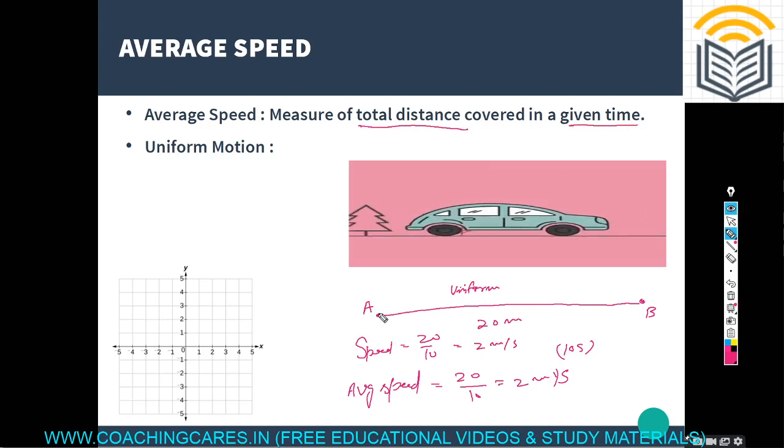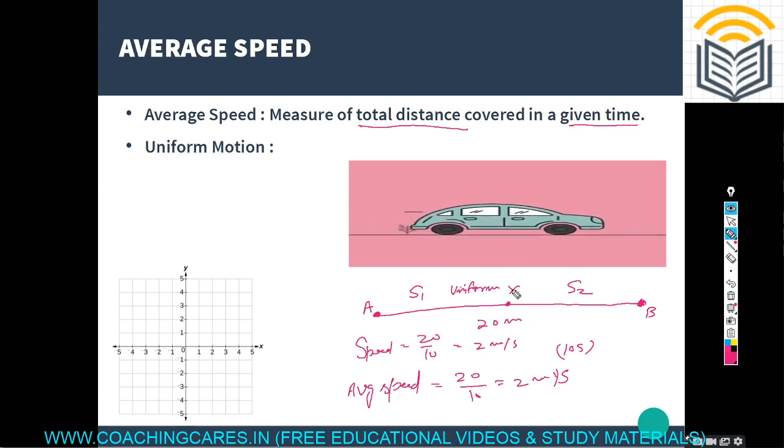Suppose this car is moving from A to a point X, and again from X to B. We have to calculate the average speed. Suppose here the speed is S1 and here the speed is S2. We take the total distance from A to B and the given time, and we calculate the average speed.